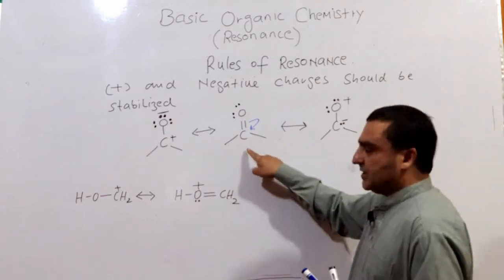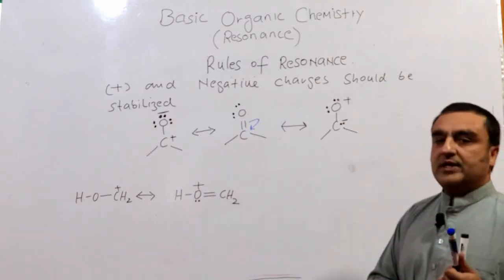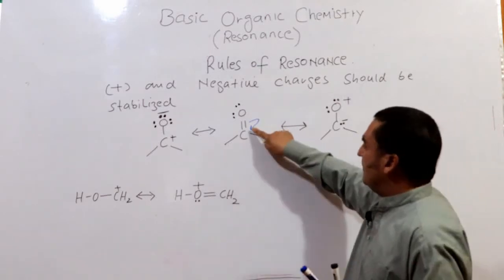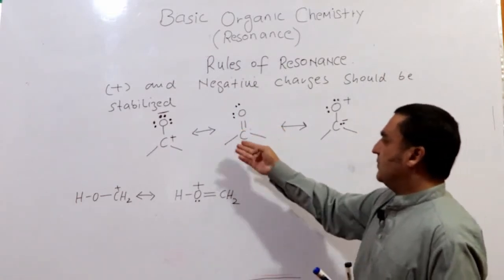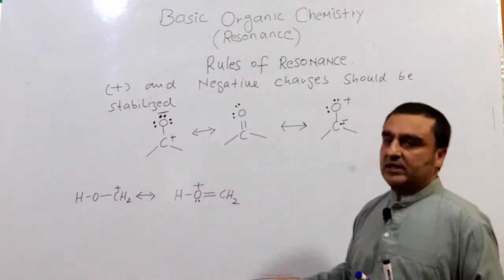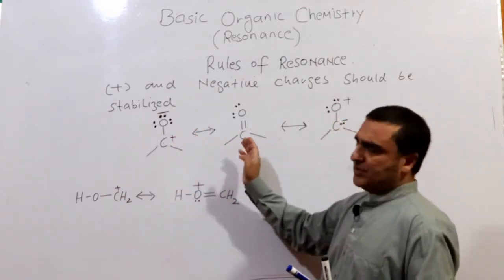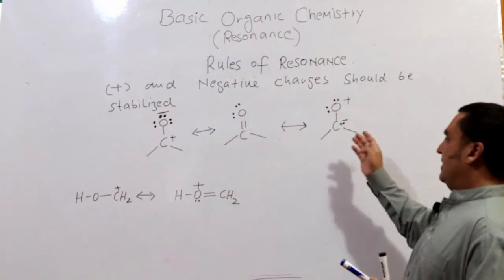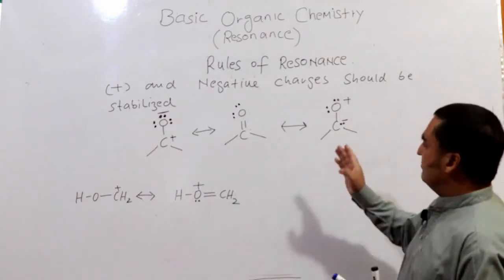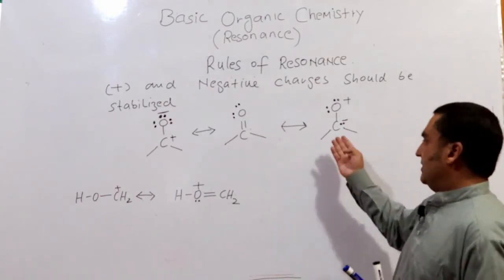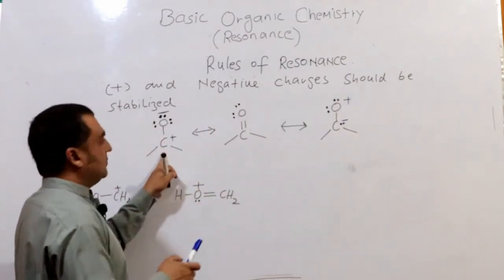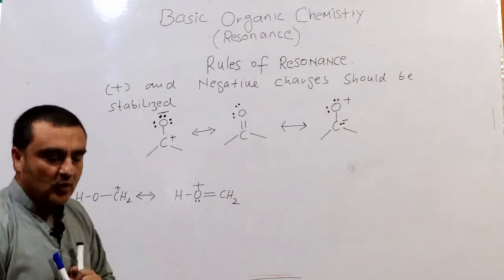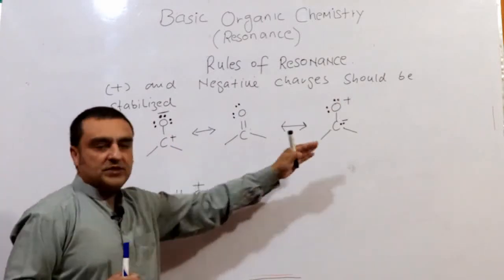So this is the best structure. Why? Because it has more covalent bonds present, 1 2 3 4 and 1 2. It is the best of the best. This one is okay, and you will understand that this one is not okay. But when you count the covalent bonds, both these structures have an equal number of covalent bonds and an equal number of charges.